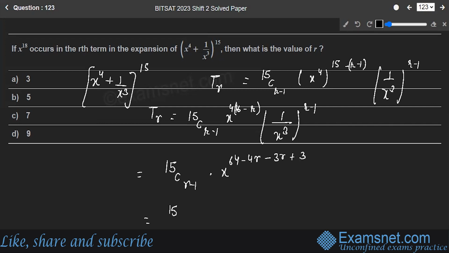This is equal to 15C(R minus 1) into x to the power (67 minus 7R).